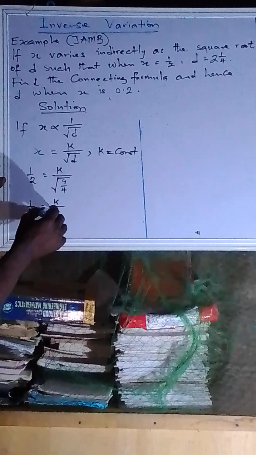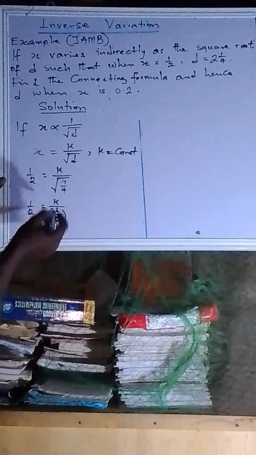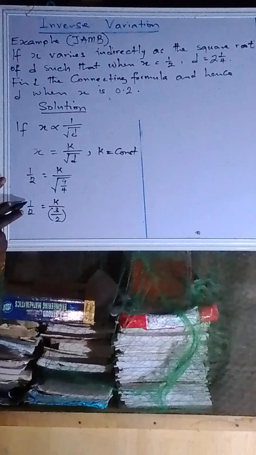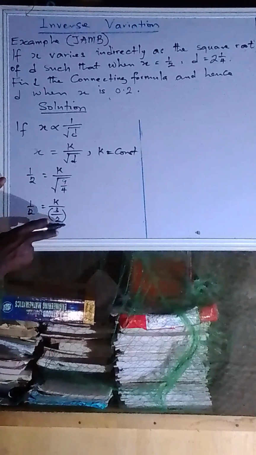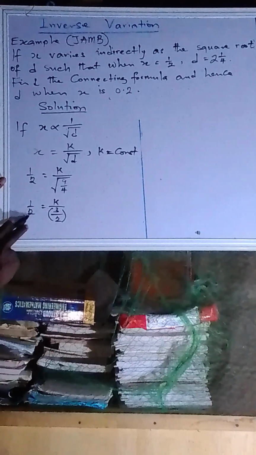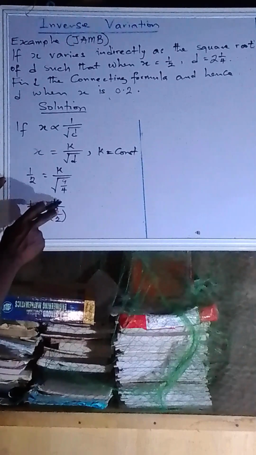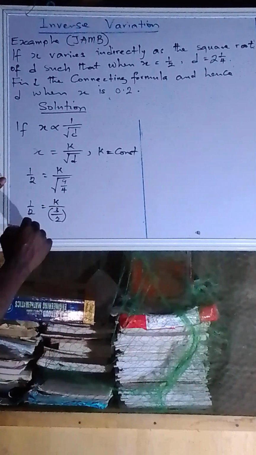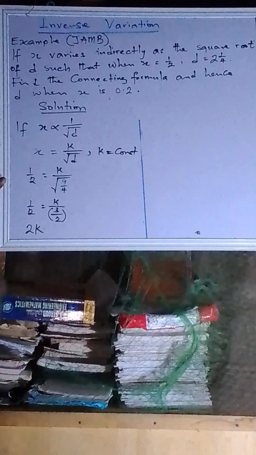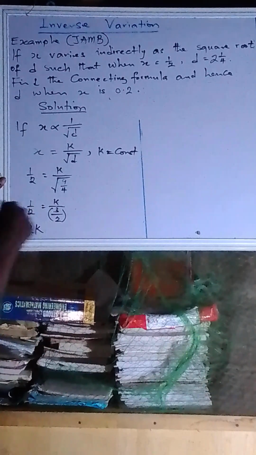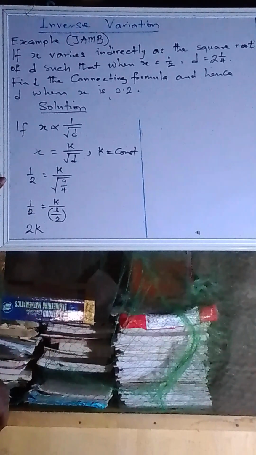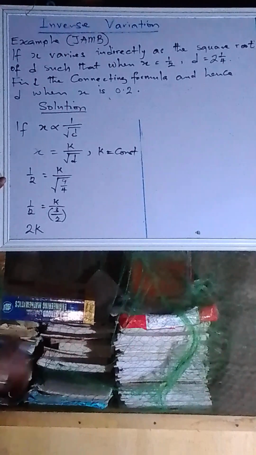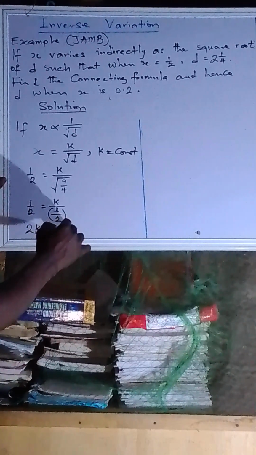The numerator here multiplies the denominator here, while the denominator here multiplies the numerator here. So I have 2 times k, I have 2k, equals 1 times 3 over 2, which gives me 3 over 2.